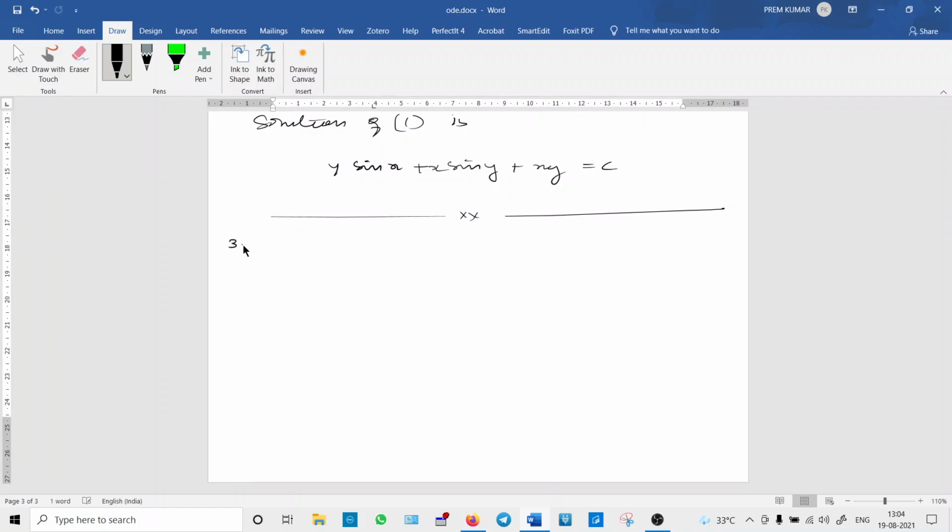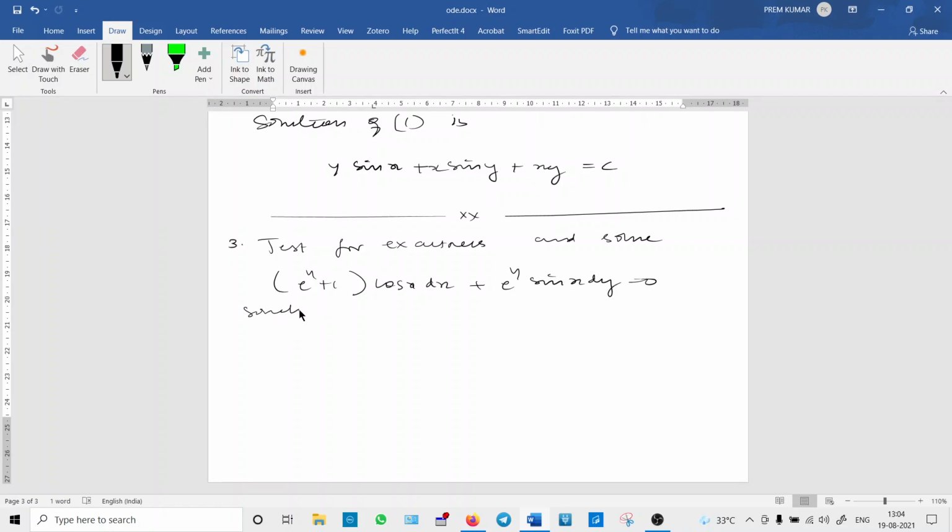One more problem is there. Test for exactness and solve (e^y + 1) cos x dx + e^y sin x dy = 0.